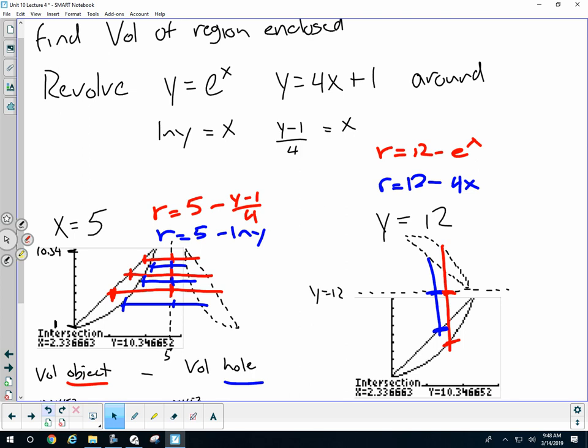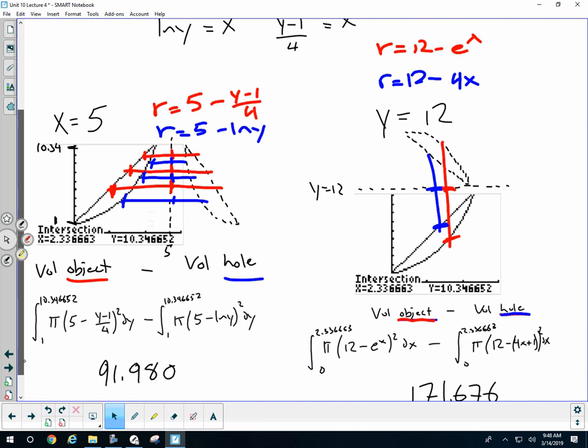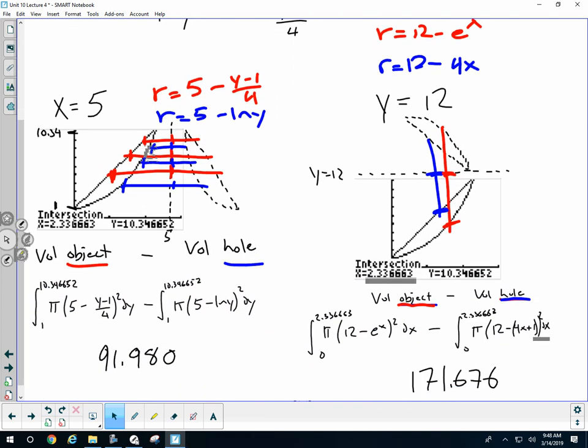Nope. No, it isn't. Close. So close. Am I starting at 0? Starting at 1. Oh my god. It was 91.94. Second one is 171.676.